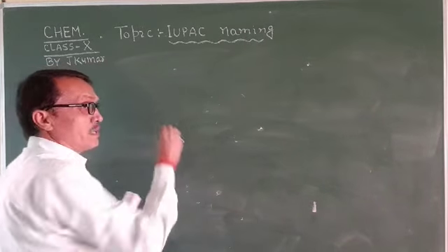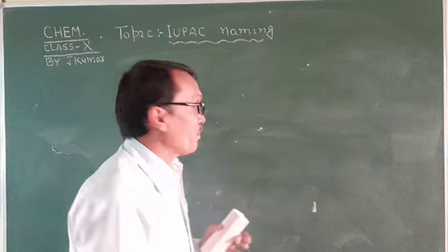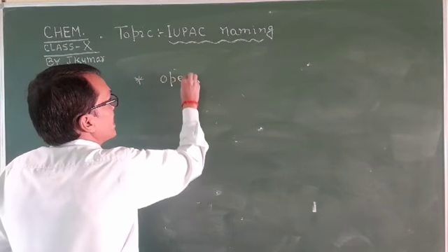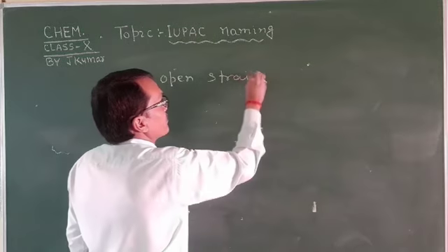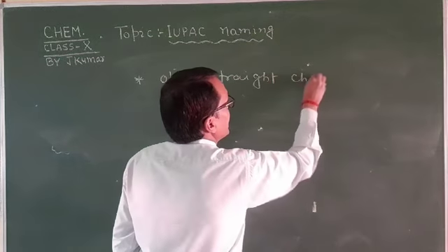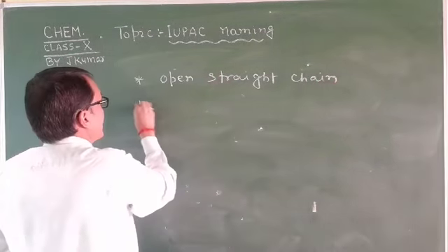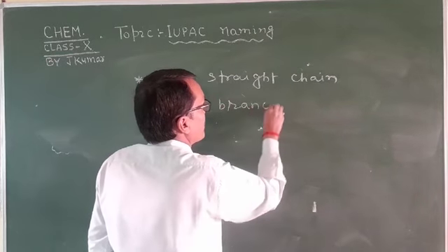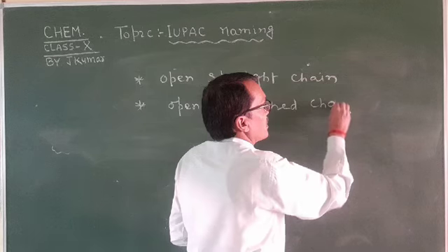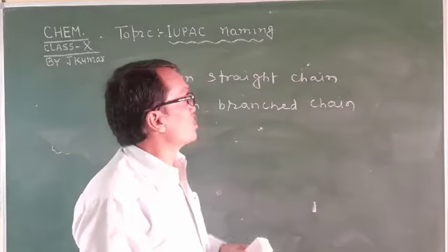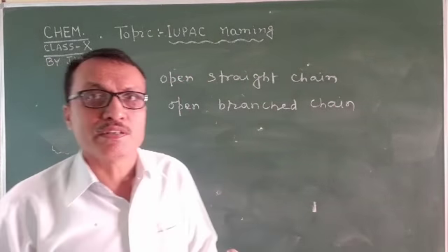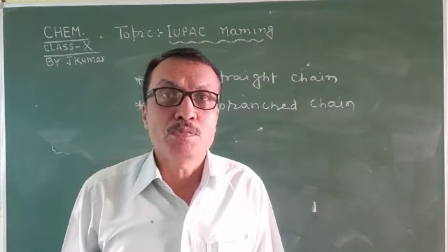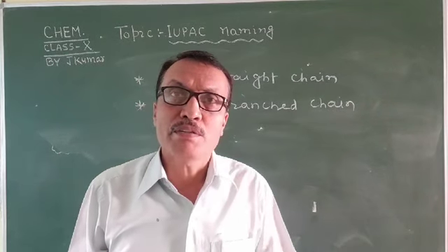Basically, we will talk about two types of chains, and that is open straight chain, and second one is open branched chain. So how these two types of chain will be named as per IUPAC system, we have to learn here.